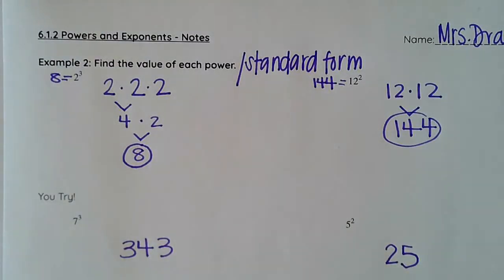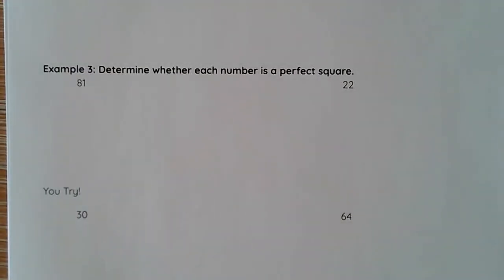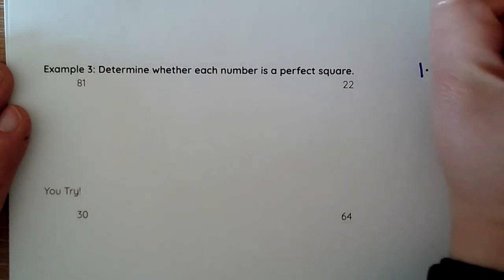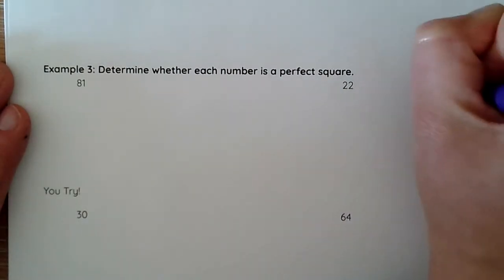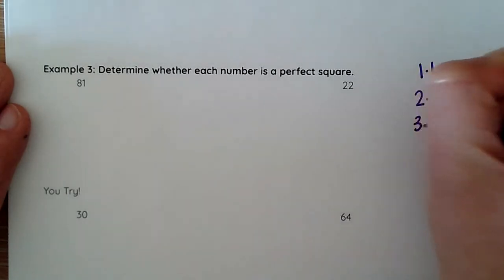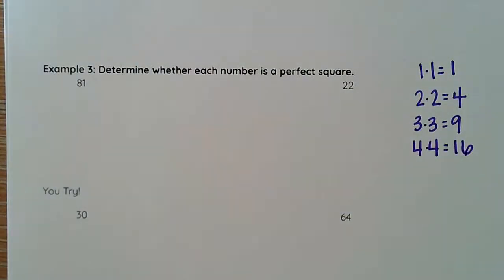All right, we've got one more type of problem to practice down here. And this is perfect squares. So perfect squares are numbers that are multiplied together twice. So if we were to make a list of perfect squares, we would have 1 times 1 is 1, 2 times 2 is 4, 3 times 3 is 9, 4 times 4 equals 16.